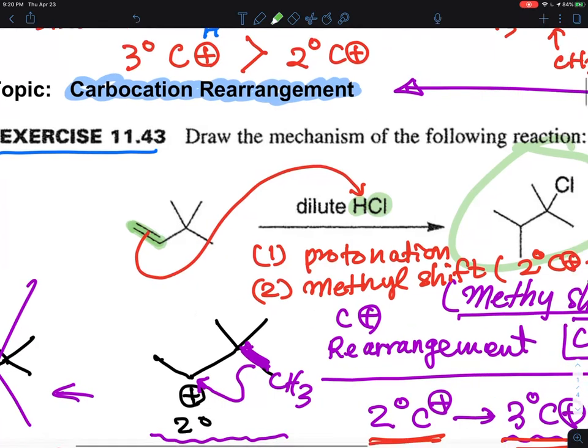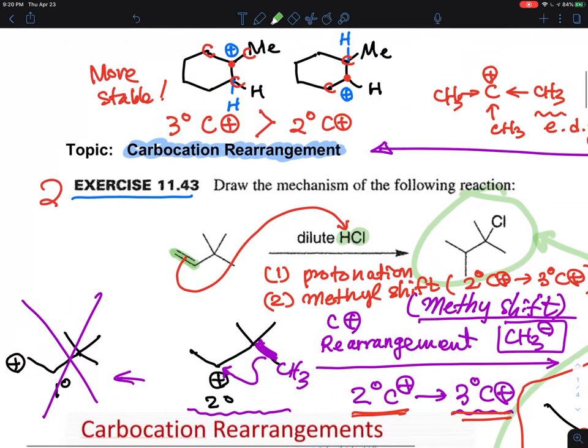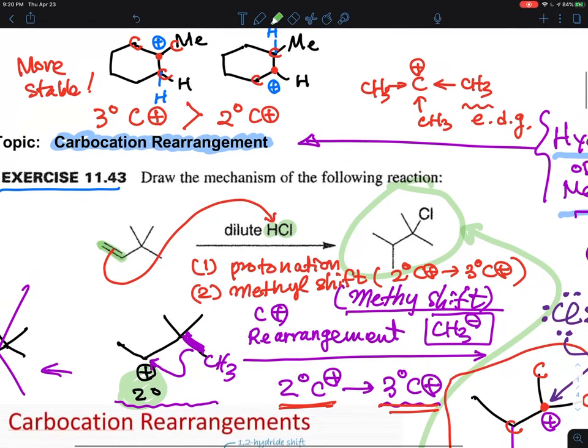But wait a minute, sometimes what you have is a secondary carbocation. If you can make the secondary carbocation into the tertiary carbocation by shifting the hydrogen or methyl, then they will do so. Therefore, this is the position where the carbocation is newly developed, and by methyl shift, the chlorine is attached to that position.